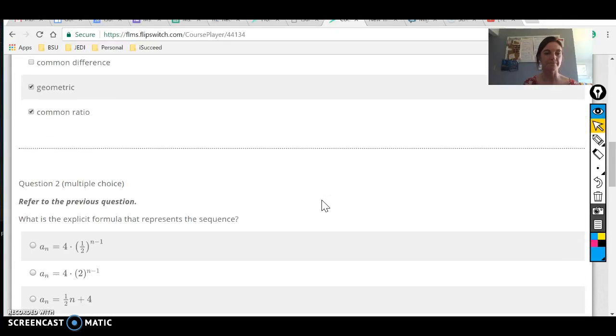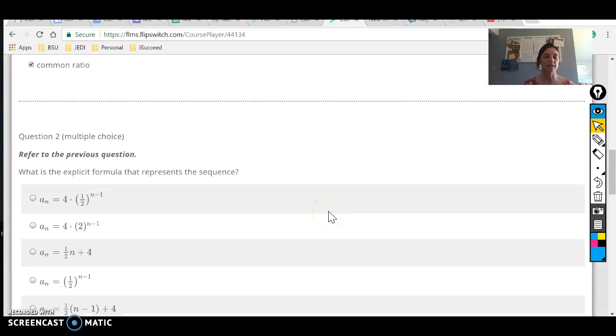Okay. The next question, what is the explicit formula that represents this sequence? So when we're dealing with geometric sequences, we are going to have a sequence that will look like this: a sub n is a sub 1, or our first term, times our common ratio to the n minus 1 power.